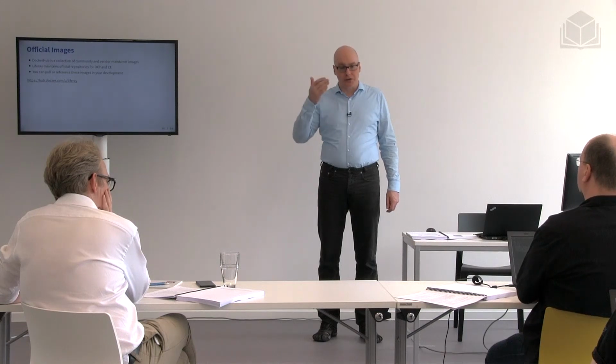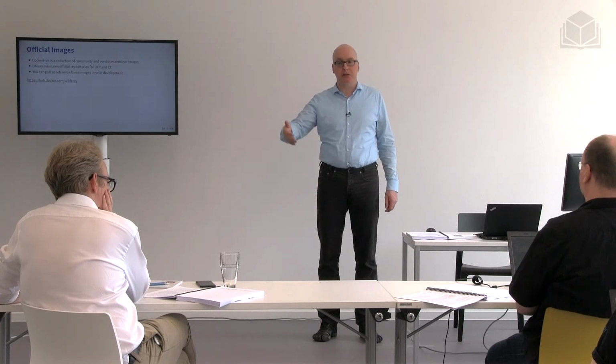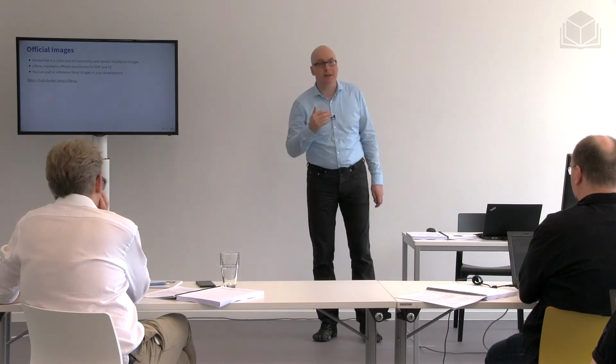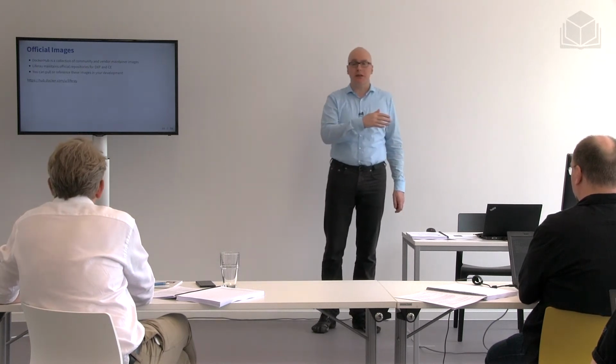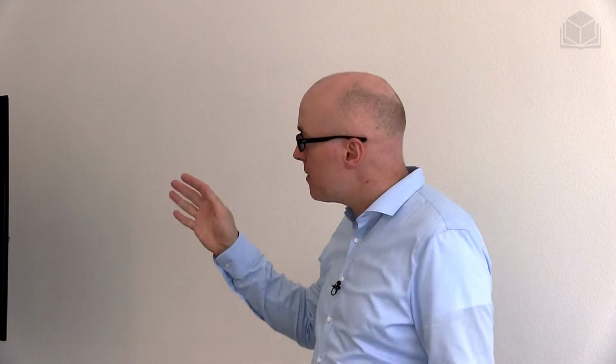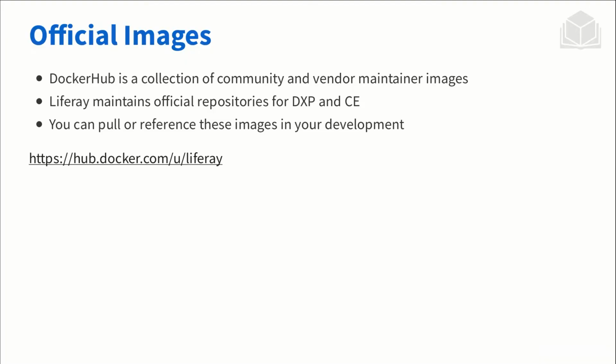And we're going to turn a Tomcat bundle zip file into a Docker image with a script, which is the Dockerfile, and that should demonstrate everything you need to know in order to know what's running within the Dockerfile. And that's the reason why we're not even looking at the regular Dockerfiles that Liferay delivers. But here's the URL, here's where you can find them: hub.docker.com/u/Liferay.